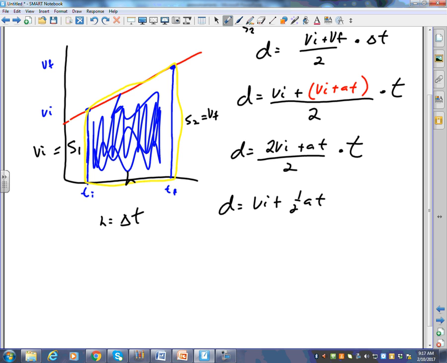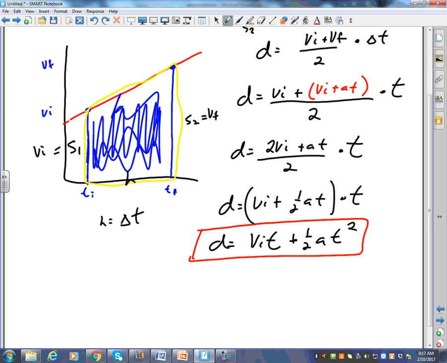But that whole thing is multiplied by t, so in other words, it's going to be Vit plus 1/2 At squared. And that, my friends, is special kinematics equation number 2.